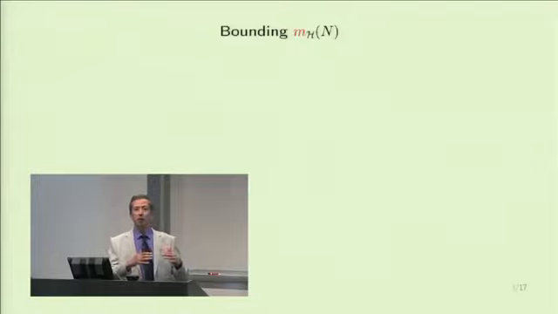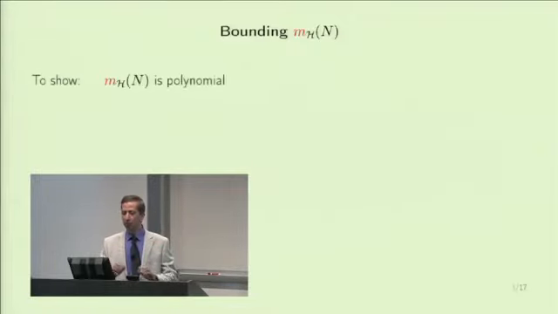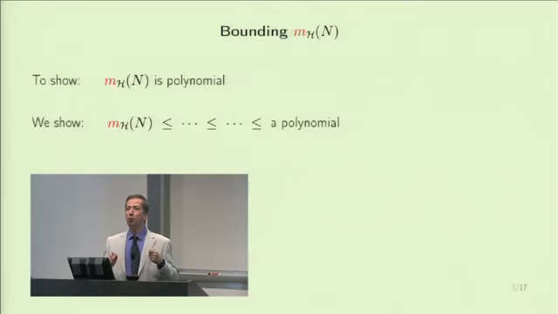So we are going to bound the growth function by a polynomial, and I just wanted to point out some aspects of that. If I say m_H(N) is polynomial, it's not that I'm going to actually solve for the growth function and show that it is this particular polynomial with these coefficients. All I am saying is that it is really just bounded above by a polynomial. So I don't have to get the particulars of m_H(N), the growth function.